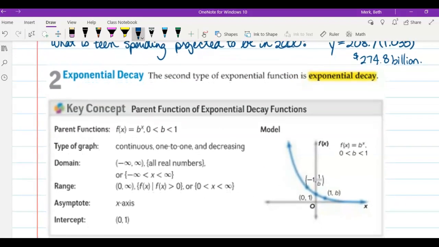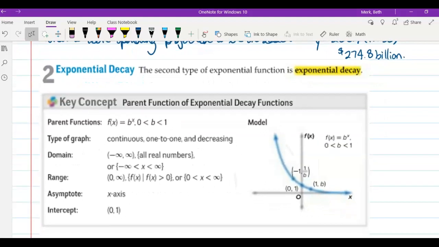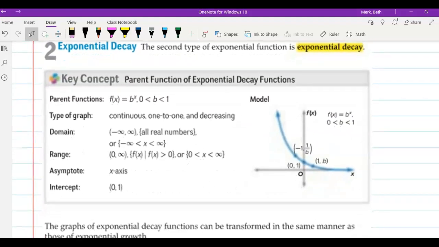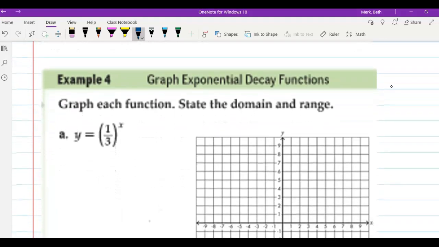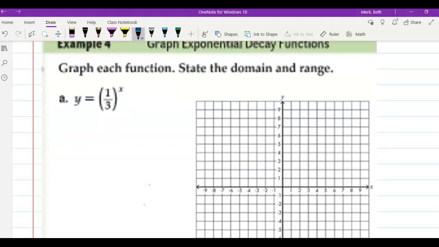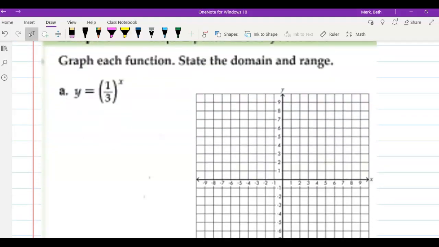All right, as promised, let's talk a little bit about exponential decay. Decay is the same thing as our exponential growth, except now our base is always going to be a fraction, like 1/3. Just looking at this function right away, I know it's not growth, I know it's decay. And we're going to treat it the very same way.